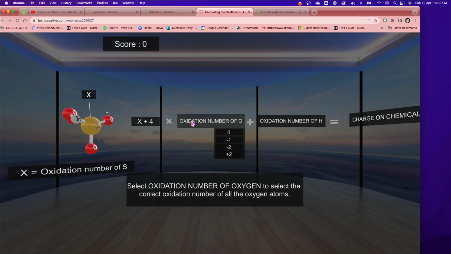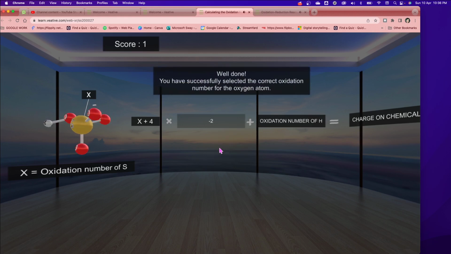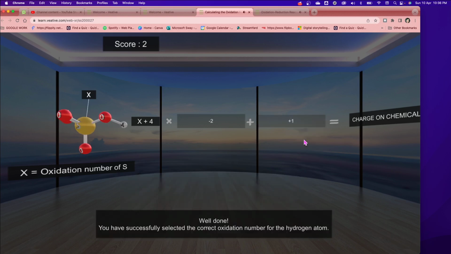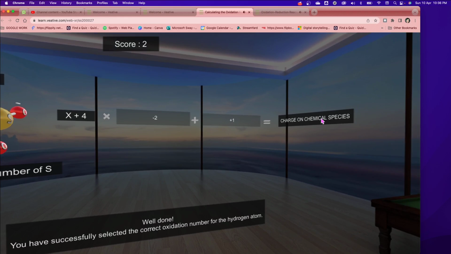Well done! You have successfully selected the correct oxidation number for the oxygen atom. Select oxidation number of hydrogen to select the correct oxidation number. Well done! You have successfully selected the correct oxidation number for the hydrogen atom.